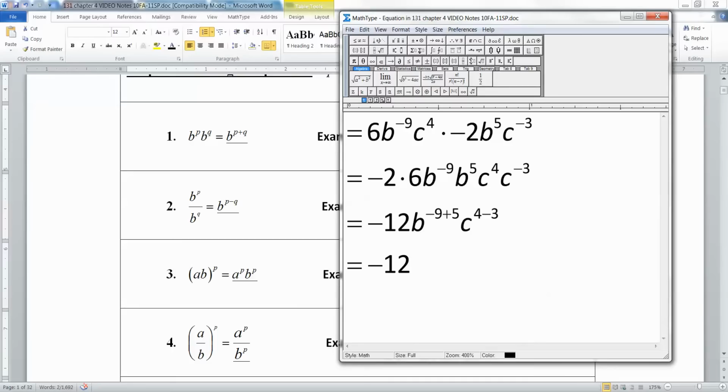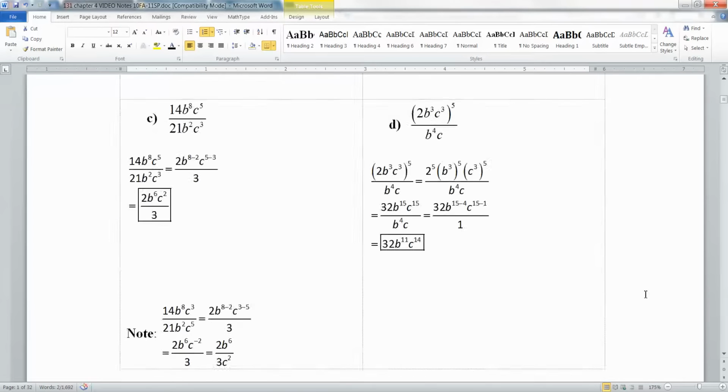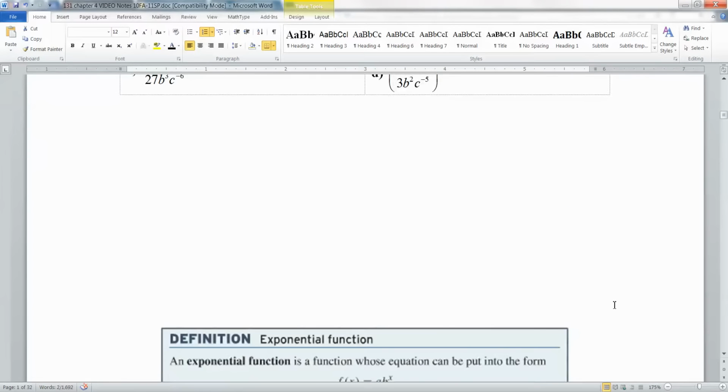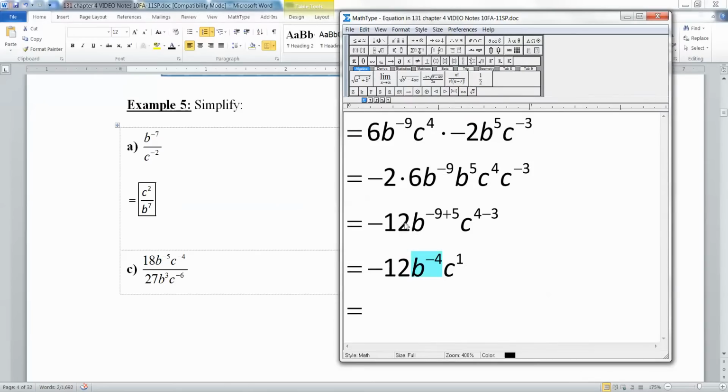All right, so negative 12, cool. B to the, now negative 9 plus 5 is negative 4. C to the 1. Now, anything with a negative exponent is not allowed. So you've got to move this b to the negative 4 part to the denominator. Now, you might be wondering what to do about the negative 12. And the answer is nothing. See, the negative 12 is not a power.